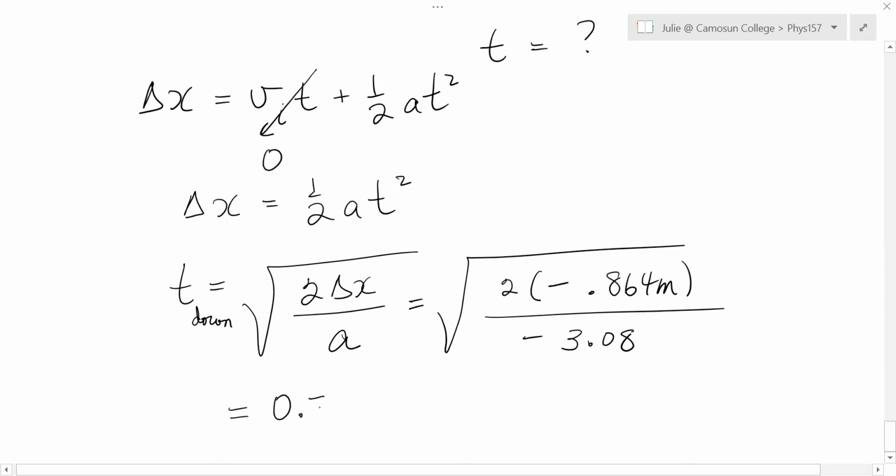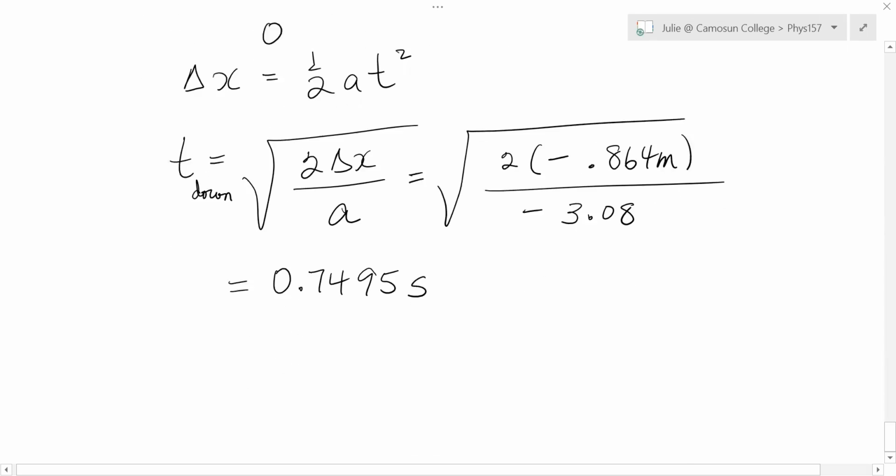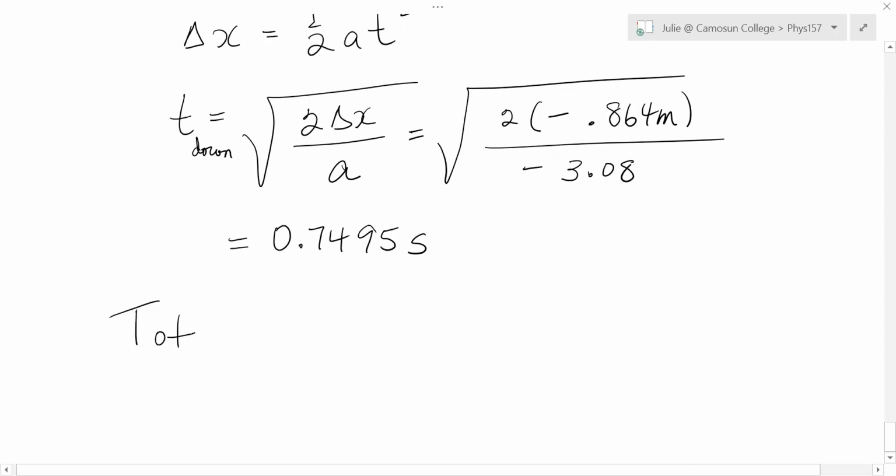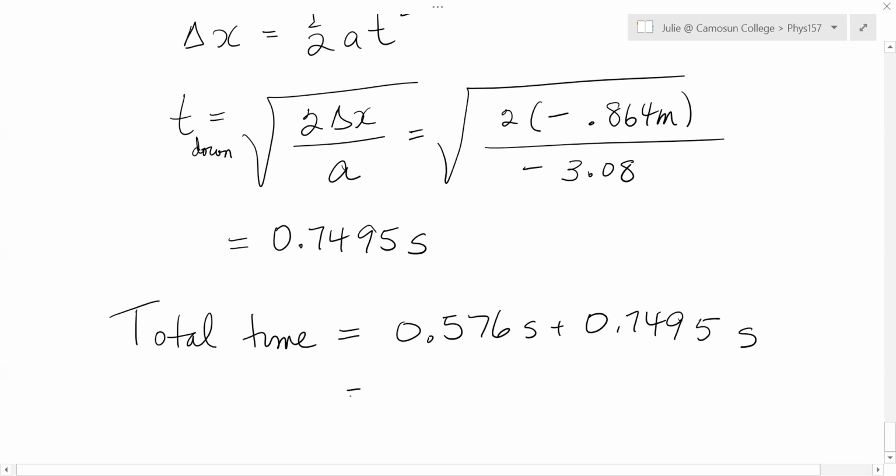So it takes longer. So the total time to go up and down, you would add them together. The 0.576 plus the 0.7495. Well, that's a lot of sig figs there. If you round those off, 1.33 seconds.